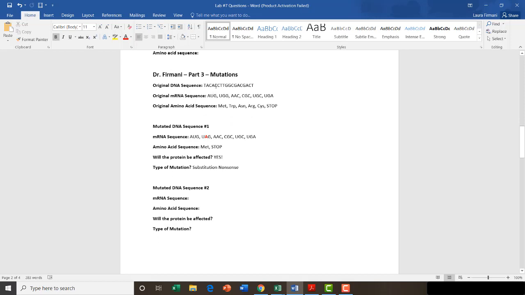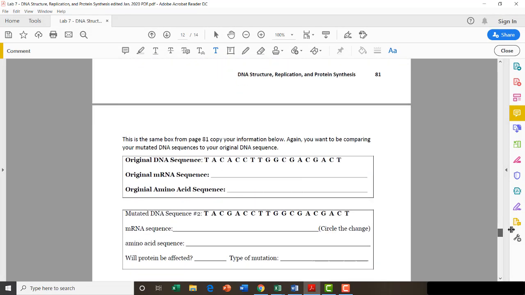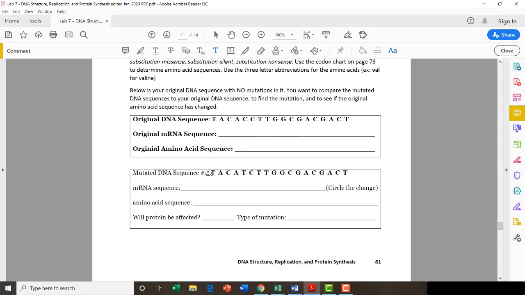If we go back to your lab, the mutated DNA strand is shown here. As you can see, the DNA mutation always happens in the DNA strand. So what I really want you to do is compare the mutated DNA sequence with the original DNA sequence.